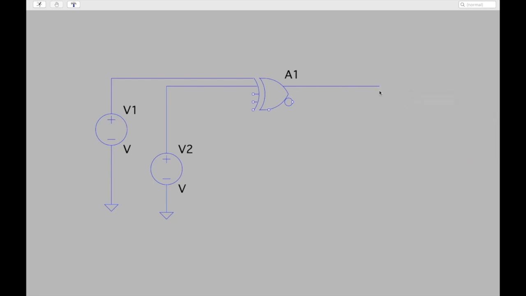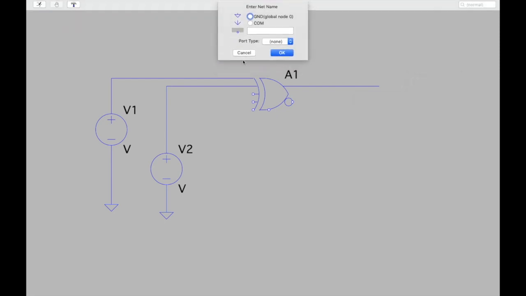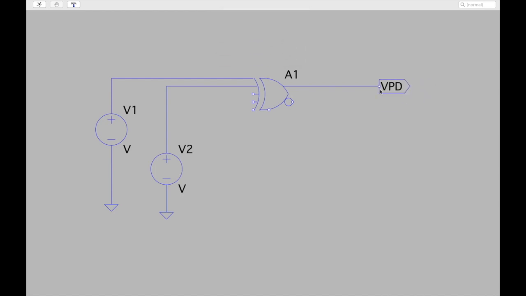We'll delete this one and go to Draft, Port. This will be an output port, so just name it OUT, or basically BPD, that will be better. So we are almost done. You can leave this wire hanging, or we may connect it to the ground.